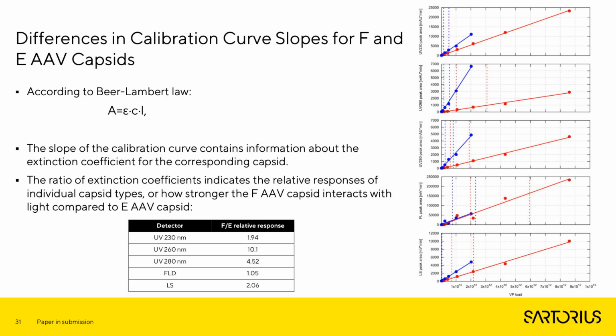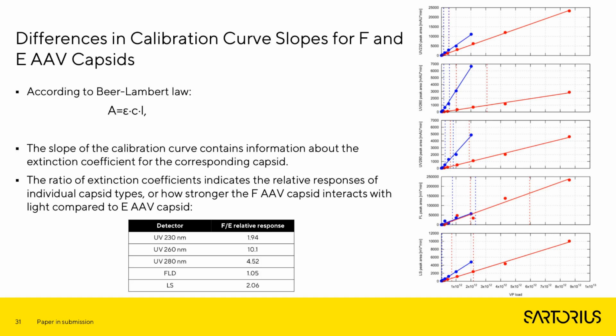So as I said, the slope of the calibration curve contains information about the extinction coefficients for the corresponding capsid, and this extinction coefficient is simply telling us how strongly the particle is interacting with the specific wavelength or the specific type of detection.